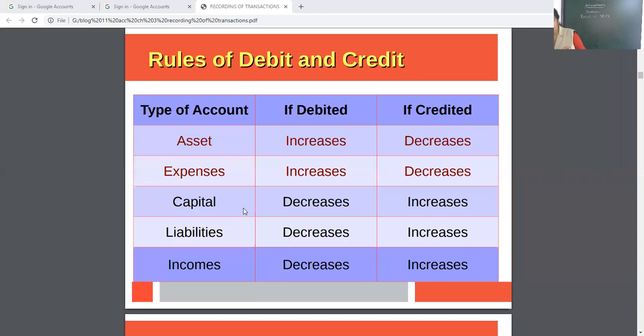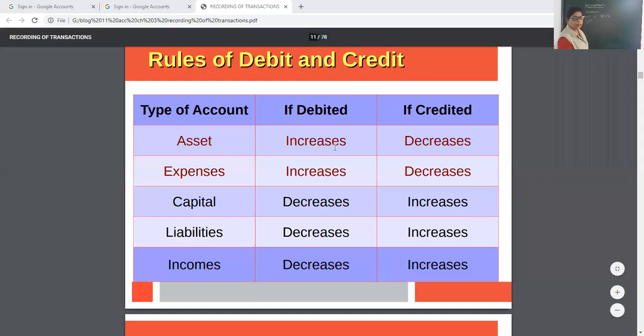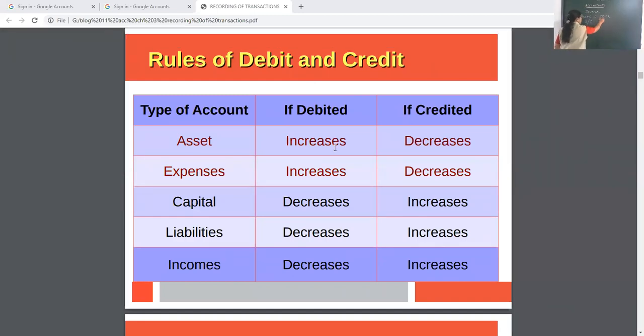See, asset and expenses: if they increase then debit, if they decrease then credit. So I am explaining again, asset and expenses, increases is debit, decreases is credit.